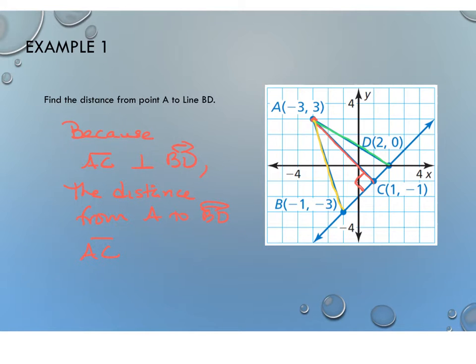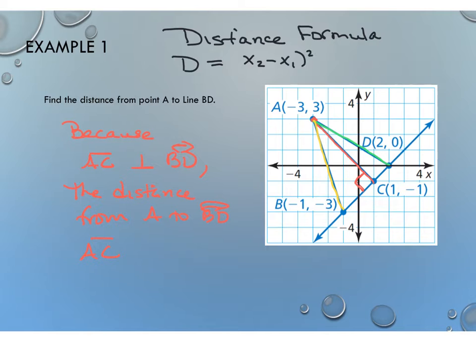So just to review from the previous chapter, the distance formula is this. We'll just represent D as distance. And remember, it's x2 minus x1 squared plus y2 minus y1 squared.